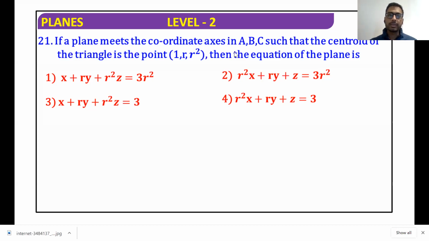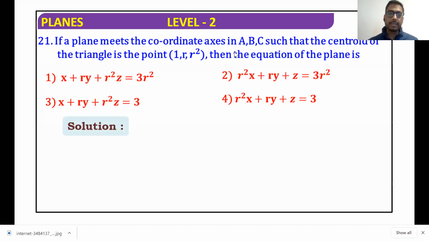So say a upon 3 is equal to 1, b upon 3 is equal to r, and c upon 3 is equal to r square. From which we'll get our values of a, b, and c in terms of r. And then we can use our formula to get equation of plane. The formula is x by a plus y by b plus z by c is equal to 1. And instead of writing a, b, and c, we'll write those terms which we have obtained in terms of r.